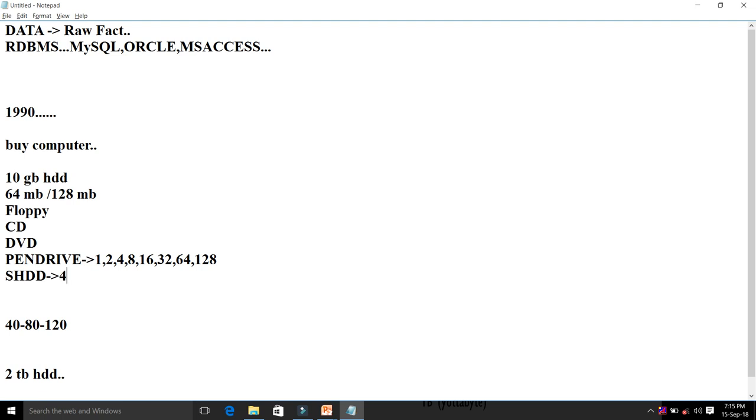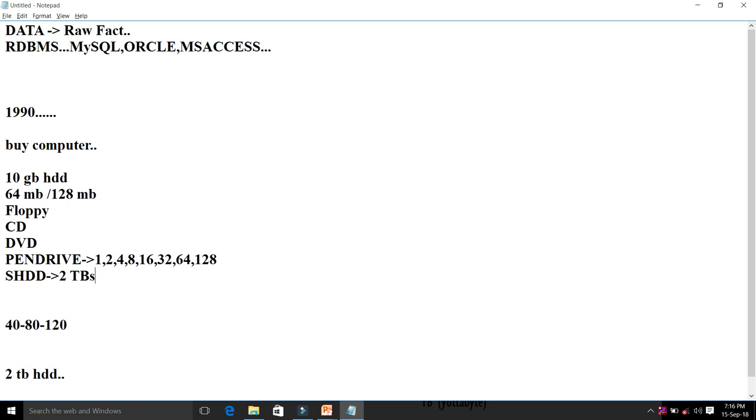They also have 2 or 4 TB capacity. Suppose we have another secondary hard disk with 2 TB capacity, a pen drive with 64 GB storage capacity, and a laptop or computer with a 2 TB hard disk.